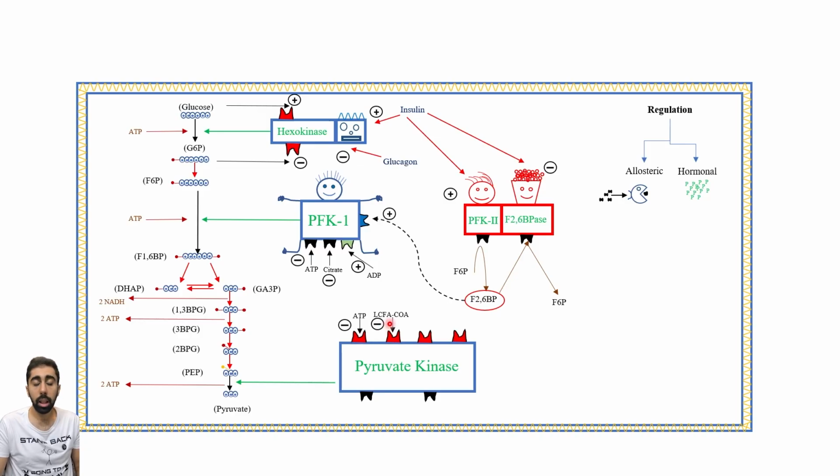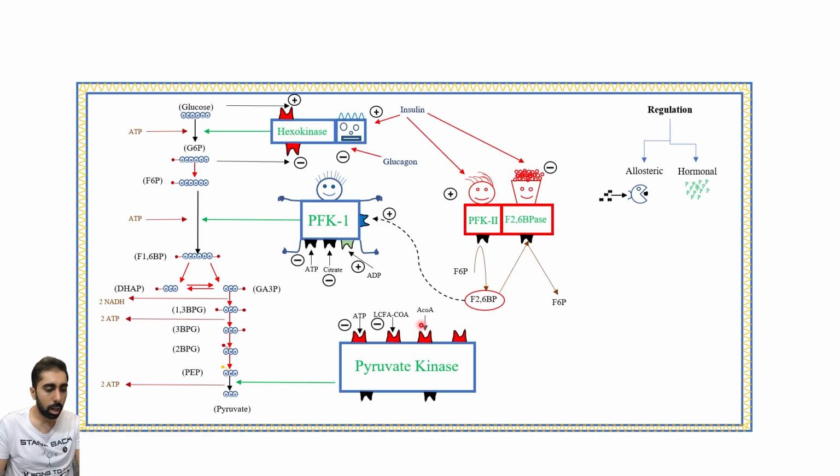So whenever we have a lot of long-chain fatty acids, it means that we do not need to use glucose anymore to produce energy. So long-chain fatty acids say to pyruvate kinase, I'm trying to produce energy, we don't need you anymore, so stop continuing glycolysis. So in total, long-chain fatty acids can inhibit pyruvate kinase.